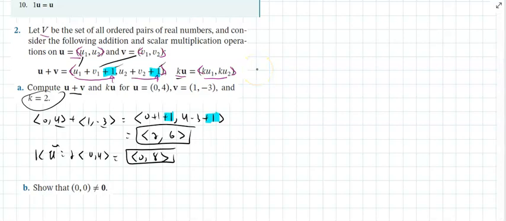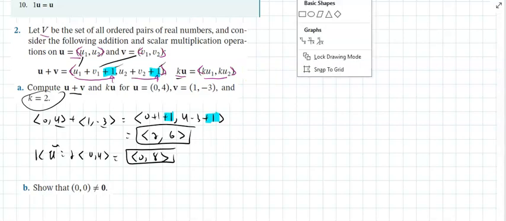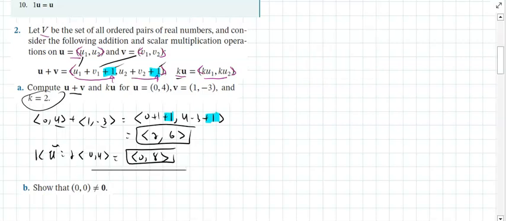Their addition, they add a 1 every time to the components. Show that 0, 0 does not equal 0. Let's go to the actual work. I think I have a mistake on that one. That's not a 6. That's a 4, 5. That's 2. Okay. Let's go and identify what the 0 is.